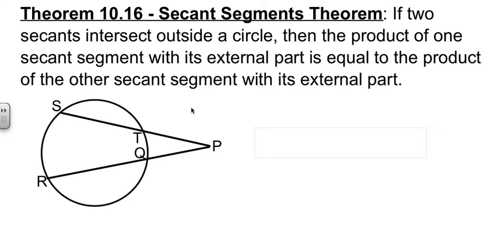Now, this is useful with the secant segments theorem. We need to understand where these parts are. If you have two secants intersecting outside the circle, then the product of the whole segment times the external part is equal to the whole segment times the external part.